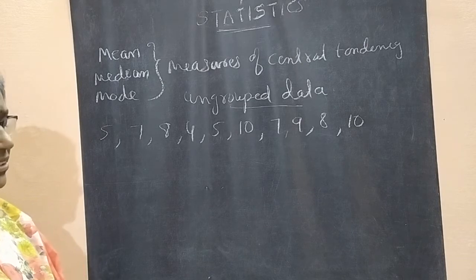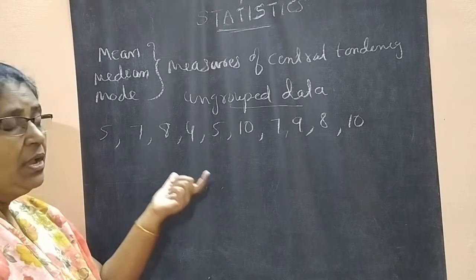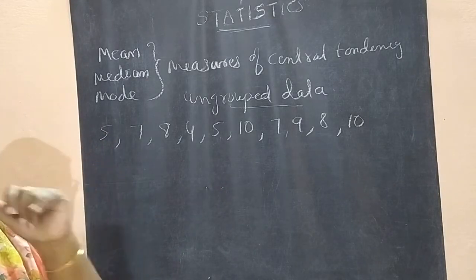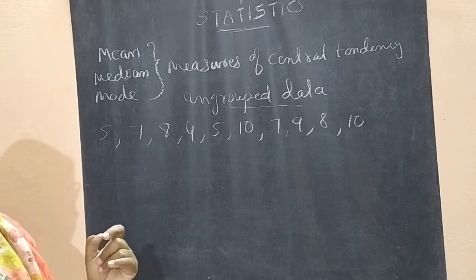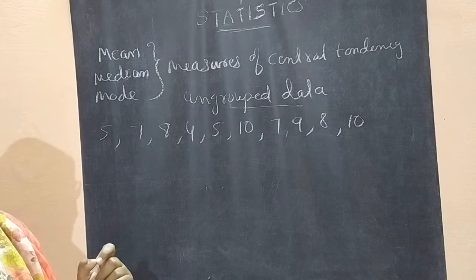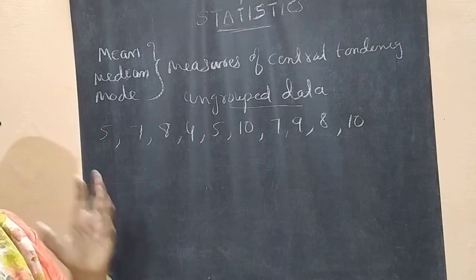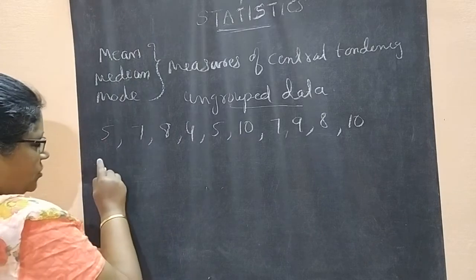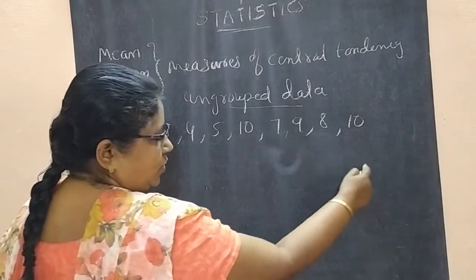But since it is a smaller number, no problem. But if I conduct a test out of 100 marks for some 80 students, in 10th class there are 80 children, I have to write the marks roll number wise up to 80 students.